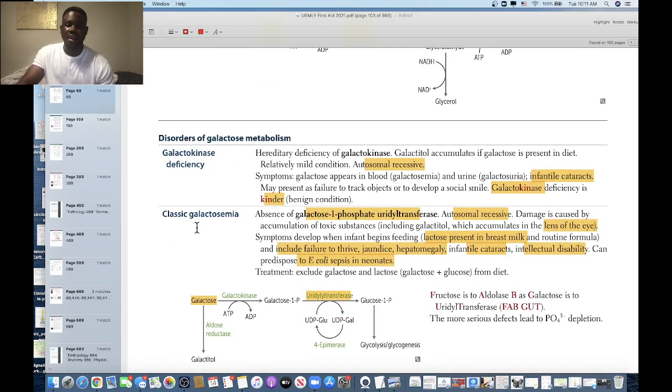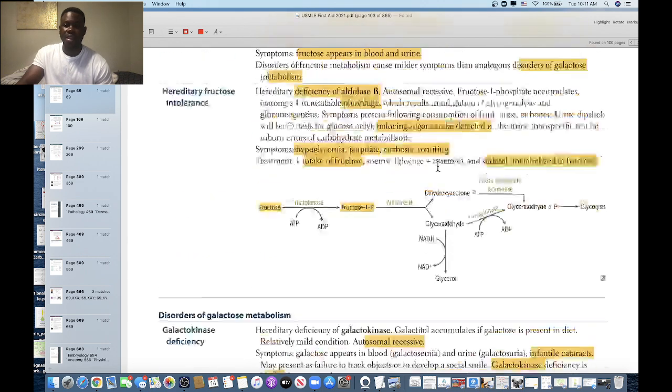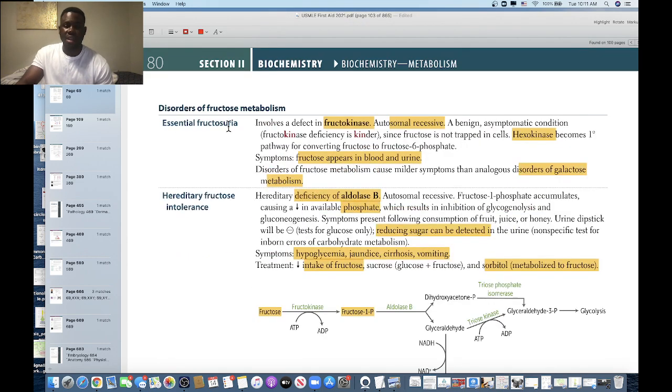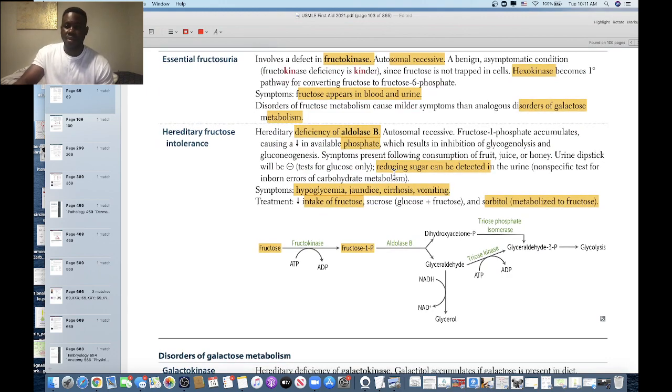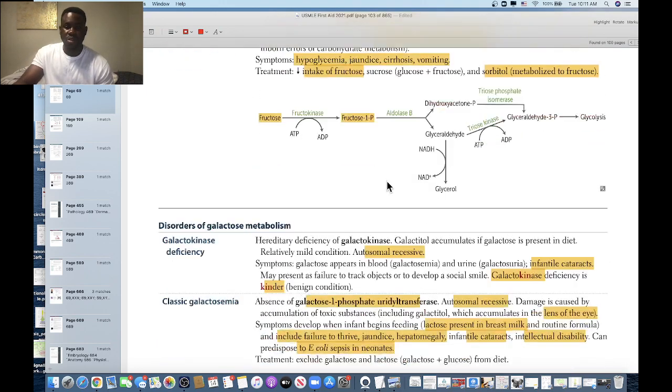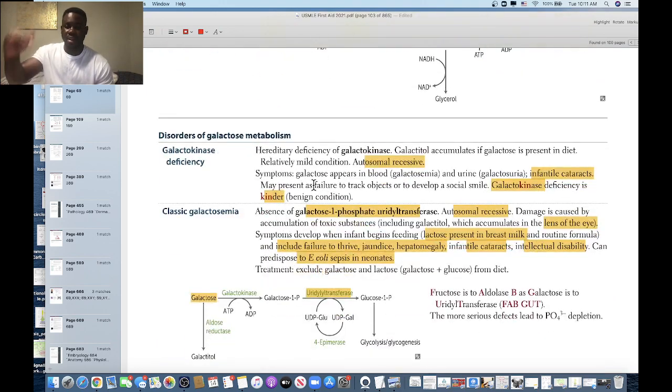But most likely galactosemia is the one that causes the hepatomegaly. Cataract is also in classic galactosemia, and it's also in galactokinase deficiency, but it is not in essential fructosuria, because we said hexokinase can still work. So cataract is down here. It's not in the first two, but it's on the galactose side.